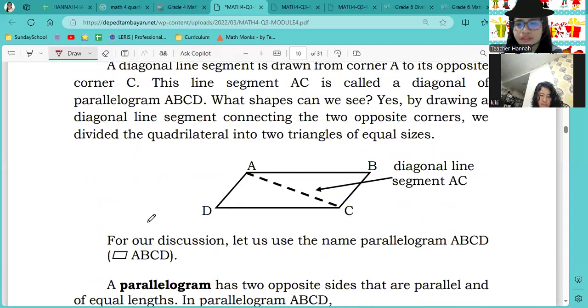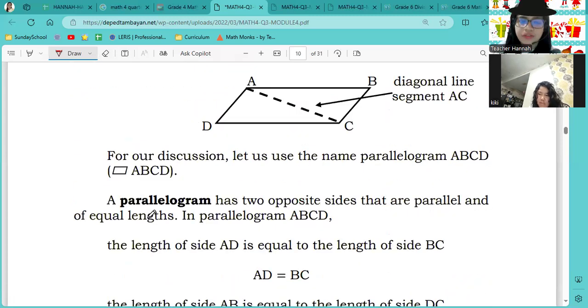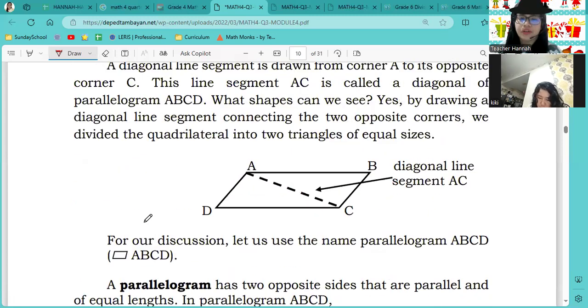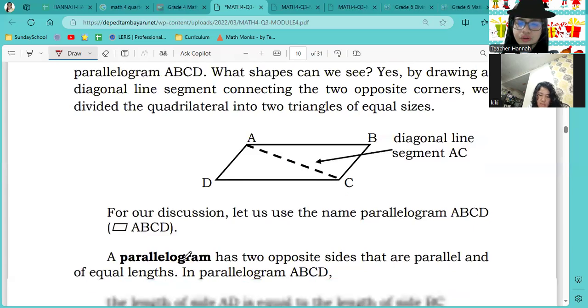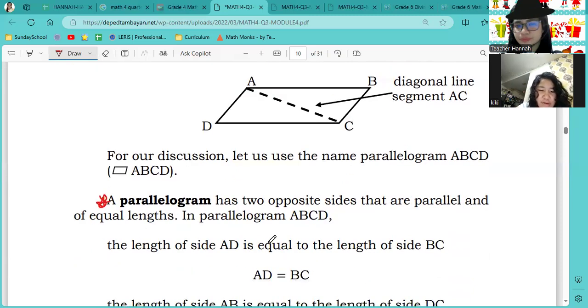Okay, so let's try to answer this one. This is your parallelogram. What is a parallelogram? Can you read this sentence? A parallelogram has two opposite sides that are parallel and of equal length. In parallelogram ABCD.